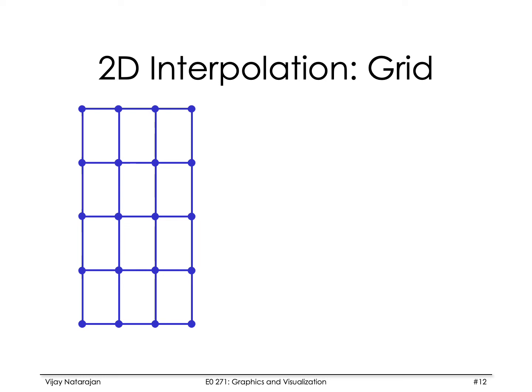Now when you have a grid, the function f is specified at the grid vertices. So again here we would like to use linear interpolation to the best extent possible. So the way we carry this forward is by attempting to do linear interpolation along each axis, right? So this is not a problem. We have two independent axes, so we interpolate f linearly along each axis.